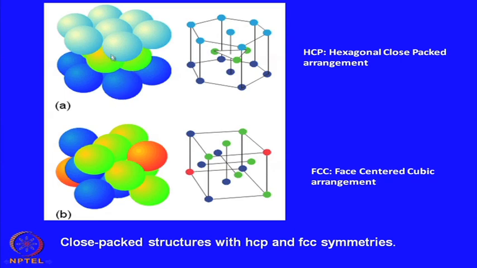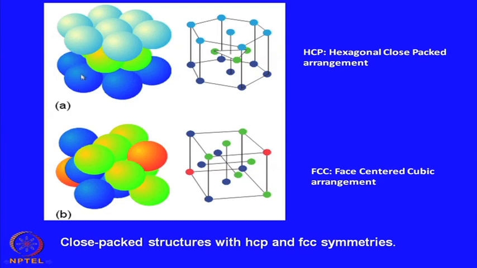When you put the third layer, there are actually 2 possibilities. When you put the second layer over the top of the first layer, it is slightly off center, and the third layer, you can see here, is exactly vertically above the first layer.